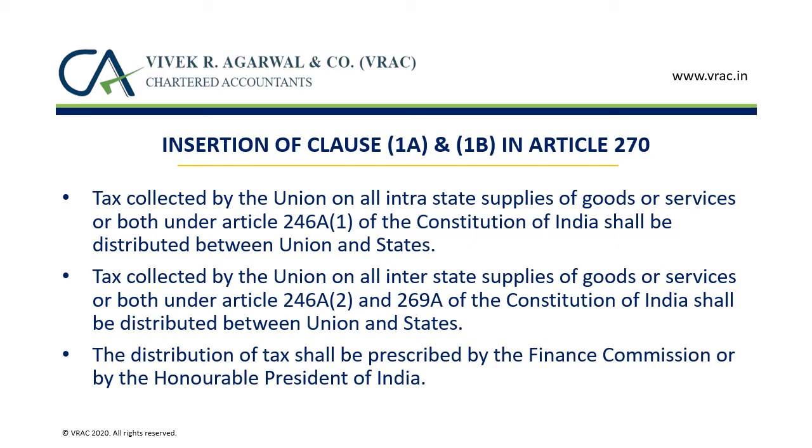Also, tax collected by the Union on all interstate supplies of goods or services or both, under Article 246A(2) and 269A of the Constitution of India, shall be distributed between Union and states. The distribution of tax shall be prescribed by the Finance Commission or by the Honourable President of India.